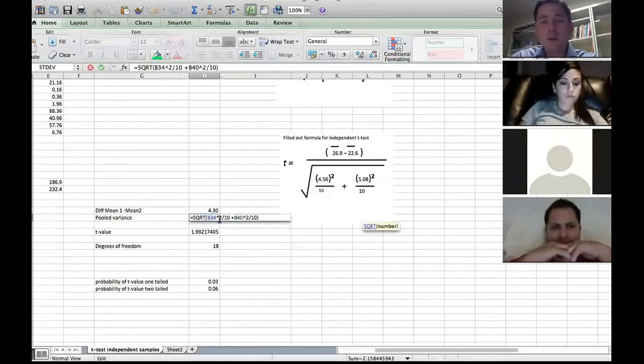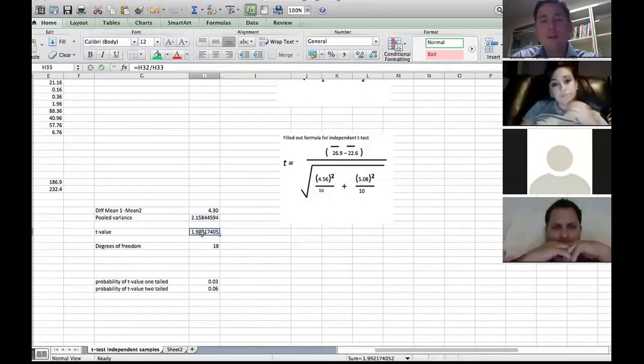So standard deviation 1 squared divided by 10, standard deviation 2 squared divided by 10. We add these two, and then we take the square root of both of them. And then we divide the difference on top by the term on the bottom, which gives us the 1.99.